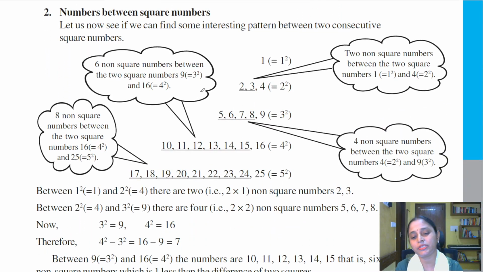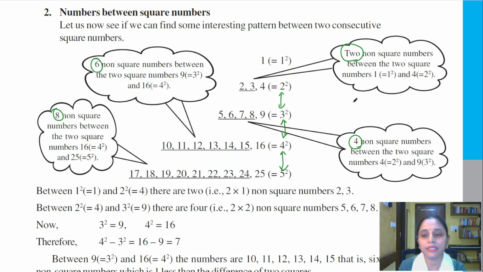The second observation is how many numbers lie between any two consecutive square numbers. Here they have listed 1 square, 2 square, 3 square, 4 square, 5 square, and they're saying that between 1 square and 2 square, I have 2 non-square numbers. Between 2 square and 3 square, I have 4 non-square numbers. Between 3 square and 4 square, you can list them down and see you have 6 non-square numbers, and between 4 square and 5 square you have 8 non-square numbers.